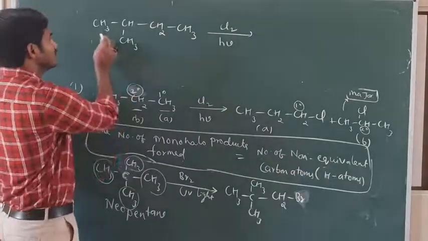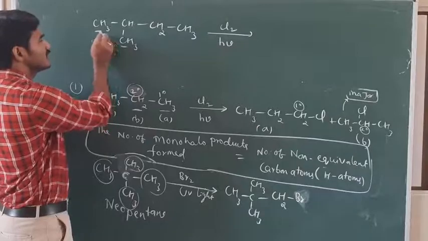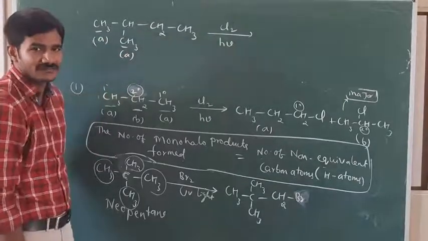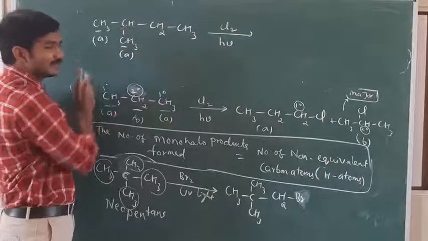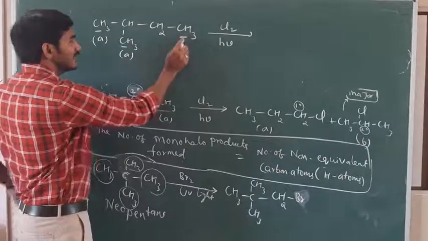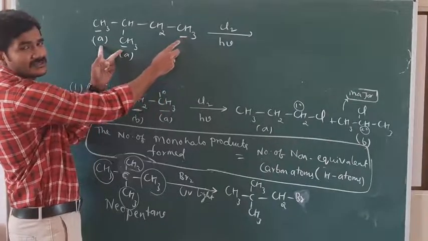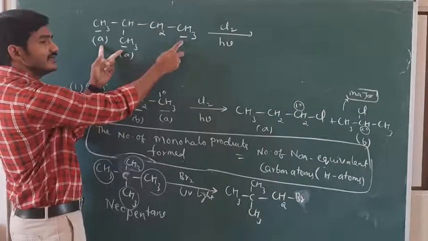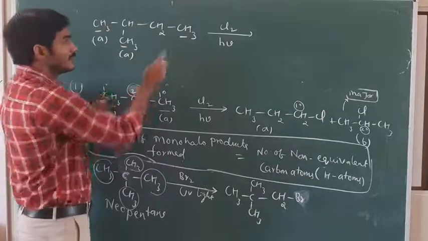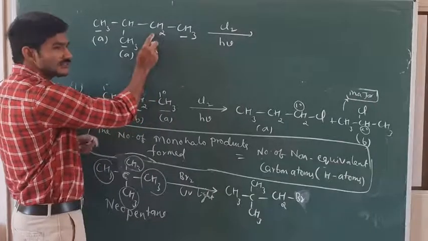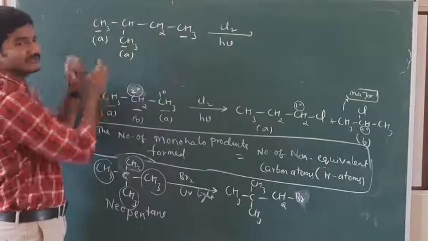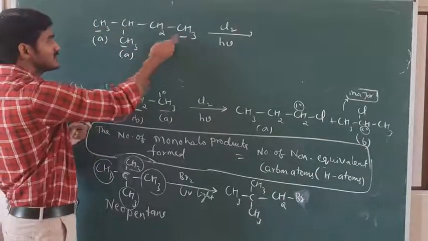You see, this CH3 and this CH3 are both attached to the same carbon. They are the same type, A type. Is this CH3 equivalent to these two CH3? No, because this CH3 is attached to CH2, whereas those are attached to the CH.